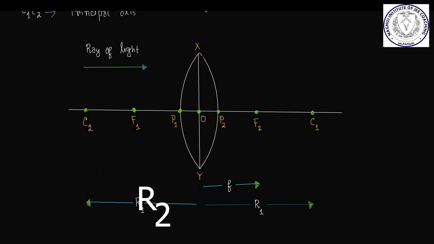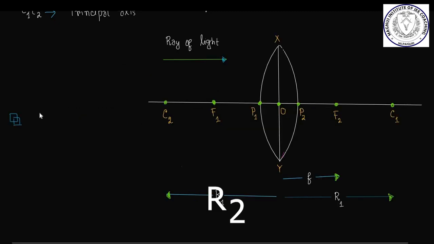Similarly, R2 is the radius of curvature of the second surface.